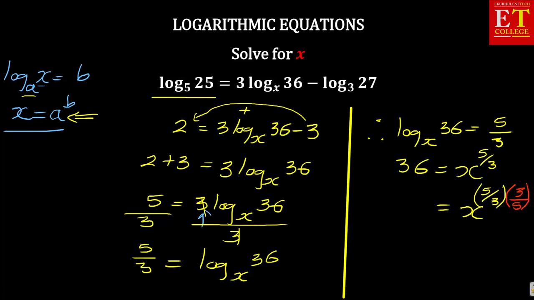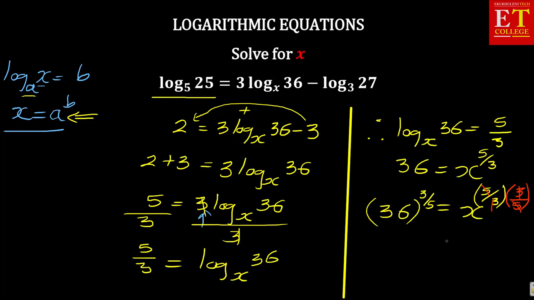Why are we doing this? So that the 5 cancels the 5 and the 3 cancels the 3. But it is not proper for us to do one thing on the right hand side. Remember, what you do on the right hand side, you have to do on the left hand side. So in this case, it's the same thing. You have got 36. Now you have to multiply by what we introduced in red, which is 3 over 5.